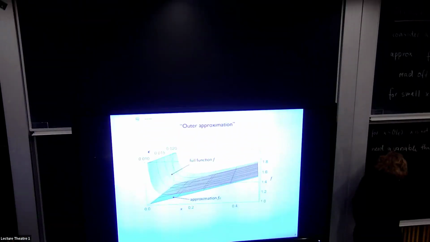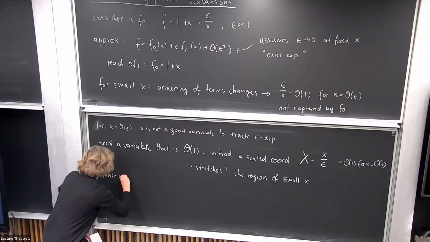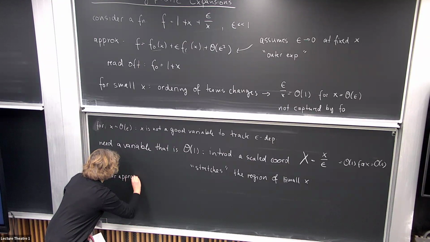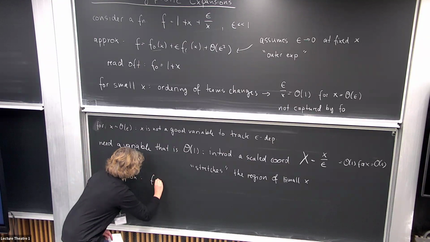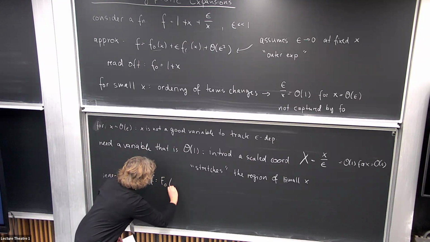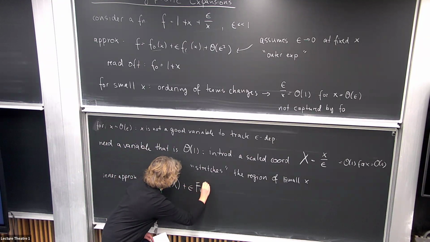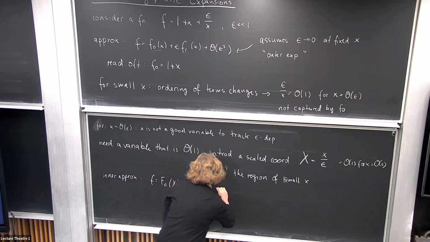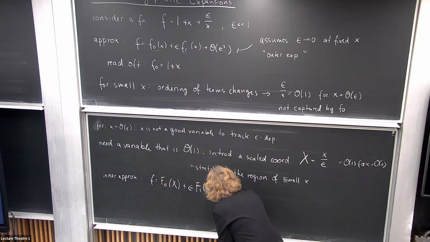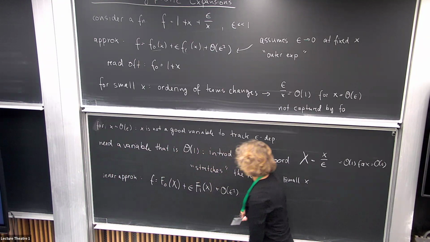So for the inner expansion, we would write down f is some other function f0 of now big X plus epsilon f1 of big X plus order epsilon squared. Right?